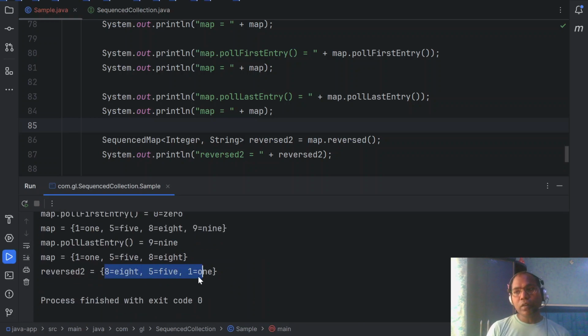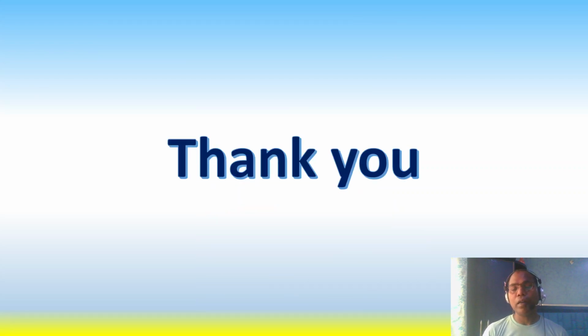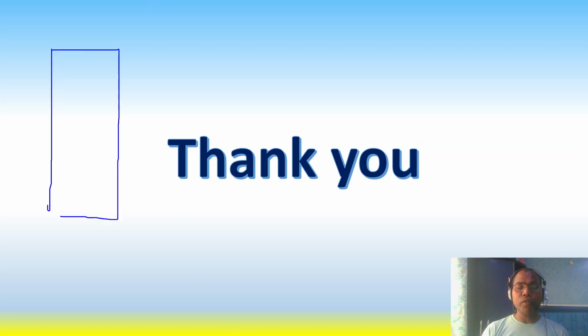So now all your collections, maybe list, maybe set, maybe map, can now be arranged in a particular order. Sequenced collections means whatever collections you are using, if you want your collection values to maintain a particular order, with first, last, remove, ordering, reversing, you can use the sequenced collections.